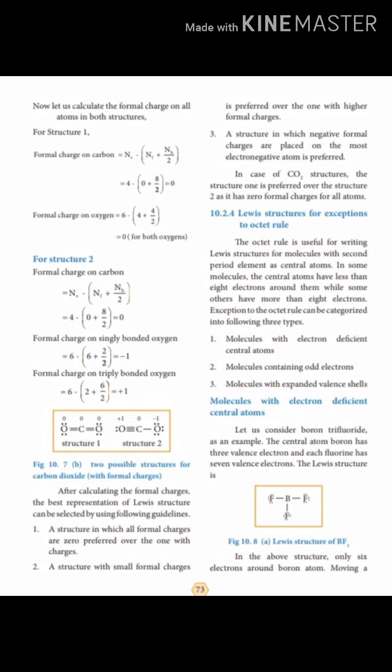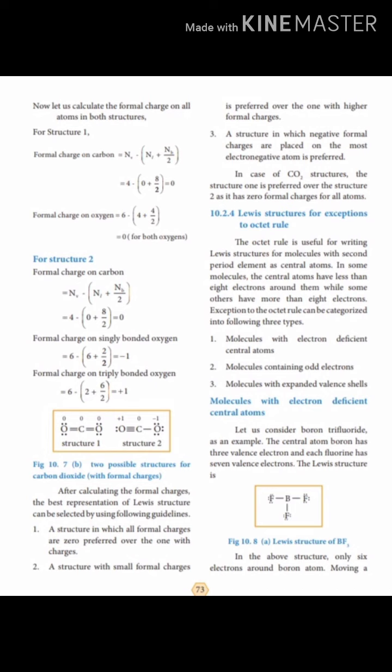So structure 1 with double bond formation and structure 2 with triple bond formation are the two possible structures of carbon dioxide. After calculating the formal charges, the best represented Lewis structure is chosen. The first rule: a structure in which all formal charges are zero is preferred over one with charges.